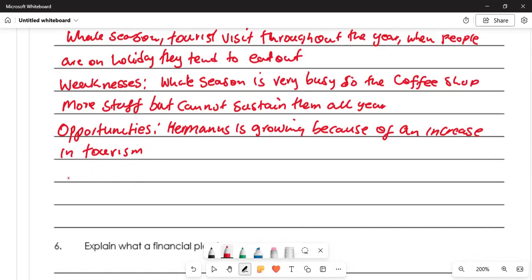Now let's come to the threats. The threat is strong competition, as it is a tourist destination.